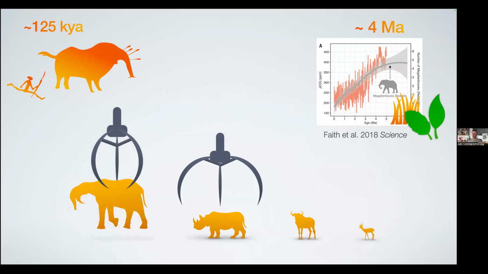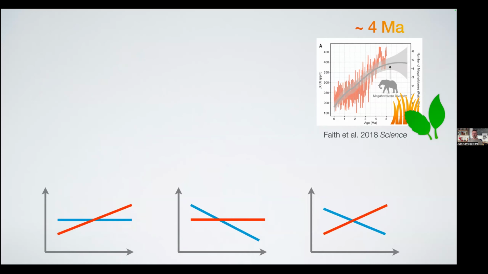But the truth is that when you empty the megaherbivore niche, or any adaptive niche, you can do this by several processes. You can do it by increasing extinction, or by decreasing speciation, or by a mixture of the two.